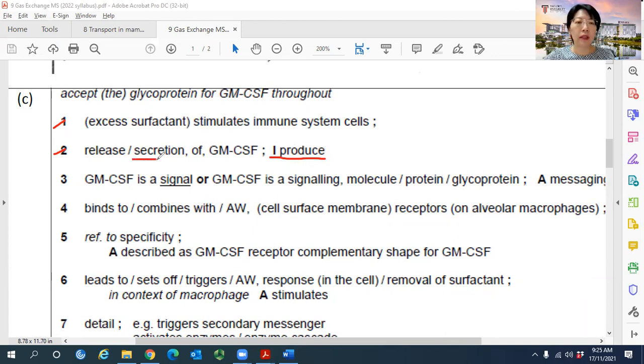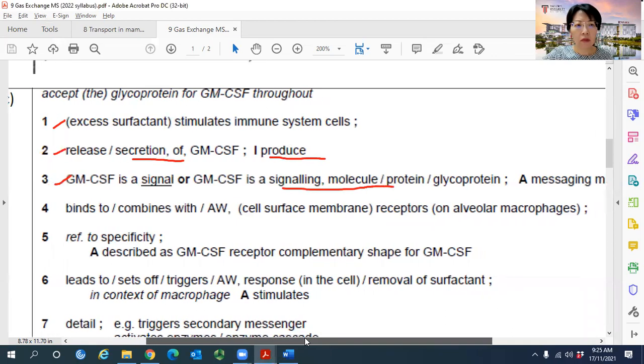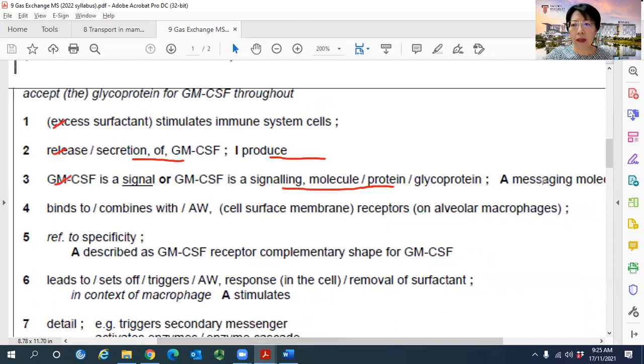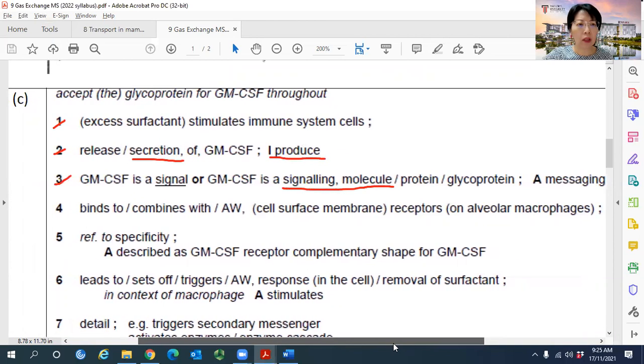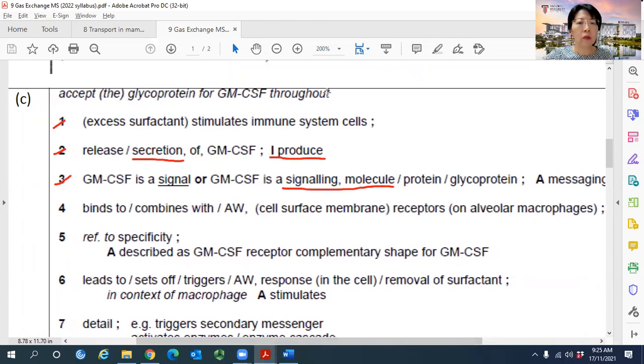So a better word is secretion. Then the GM-CSF acts as a signal molecule, a signaling molecule or a messenger. On the right side, it says messaging molecule or messenger molecule. So pay attention to the word that they use to describe.